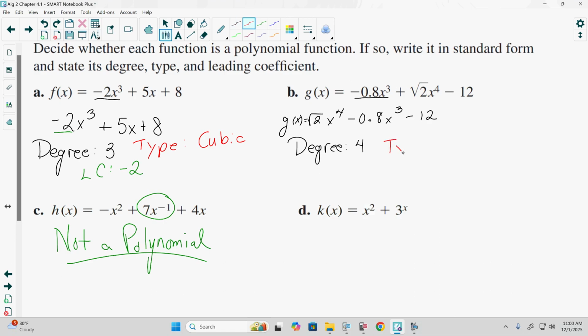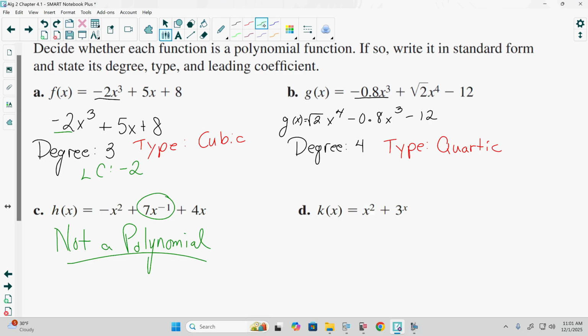Now our type, I believe it's quartic. Quartic, quadratic would be 2. It does feel like it should be quadratic because quad is 4, but they've attached quadratics to our degree 2's. So quartic would be our degree 4.